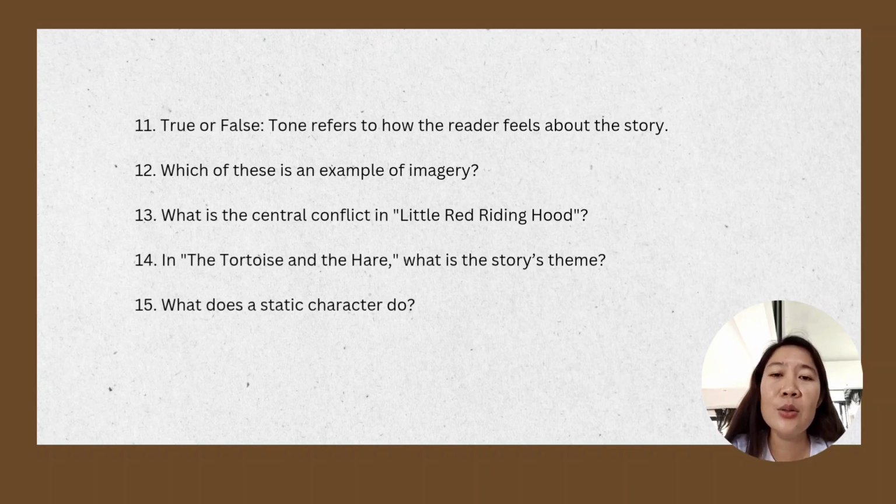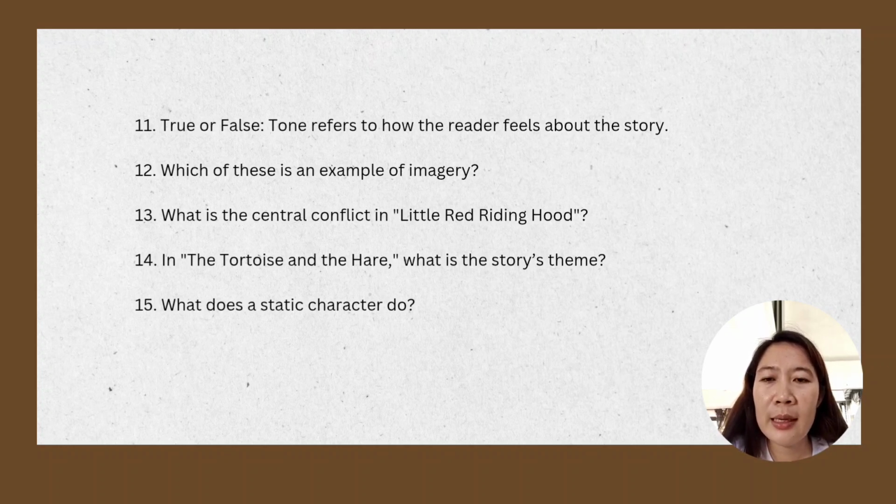It is not how the reader feels. Number 12. Which of these is an example of imagery? Who wants to answer? The answer is: the forest was dark and airy with the hoot of owls in the distance.